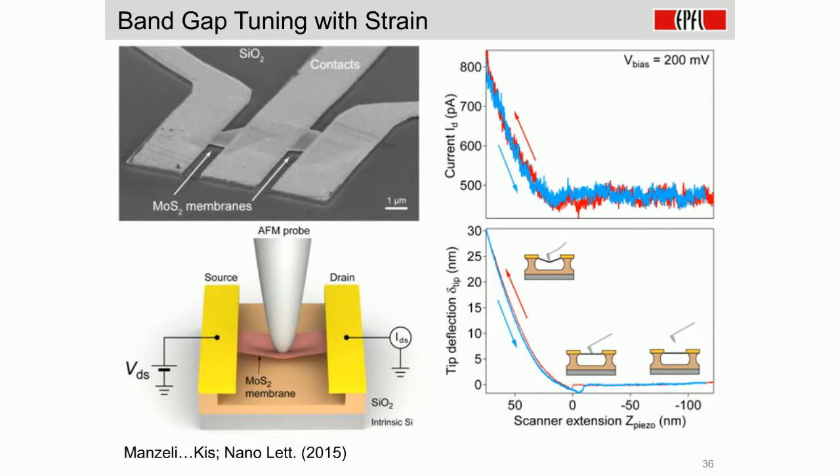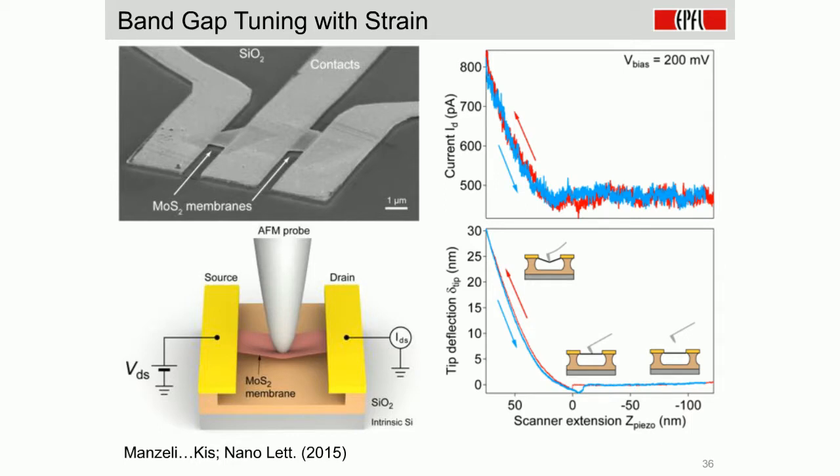On the drain electrode we externally connect a current to voltage converter, a small IV converter. You can buy a lot of different models on the market, and the output of the converter is connected to one of the input channels on the controller, and in this way we can synchronize the measurements of the current with the measurements of the force and the deflection as we're deforming the MoS2 membrane in the AFM.